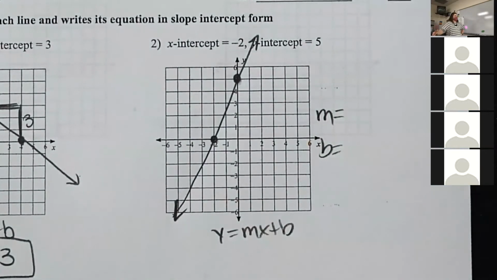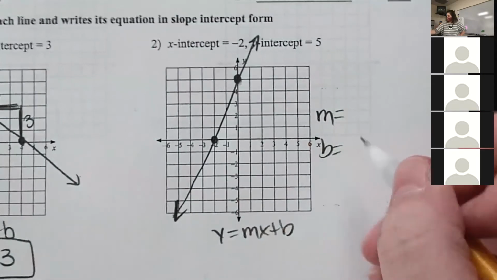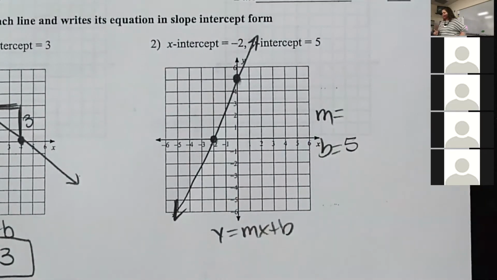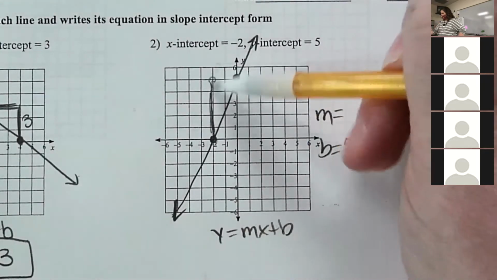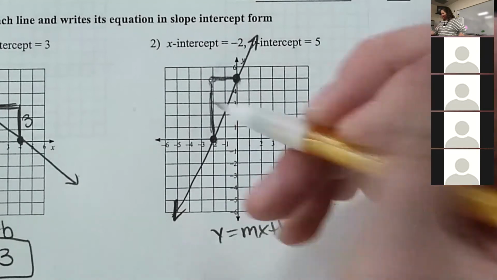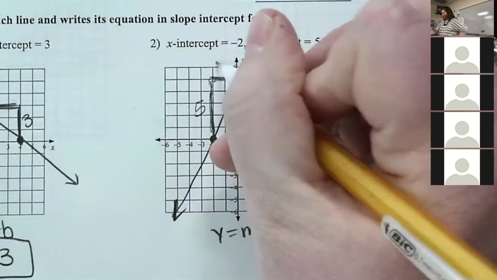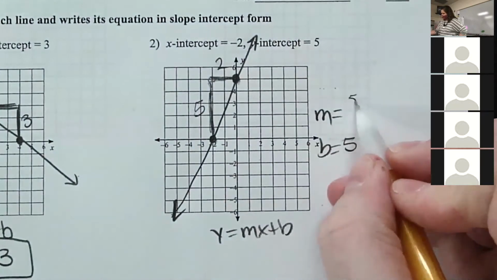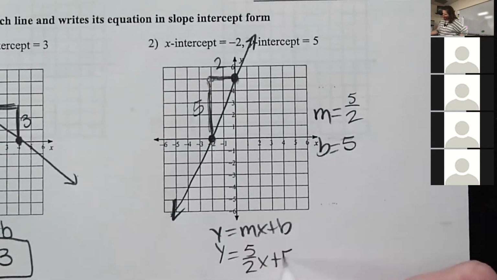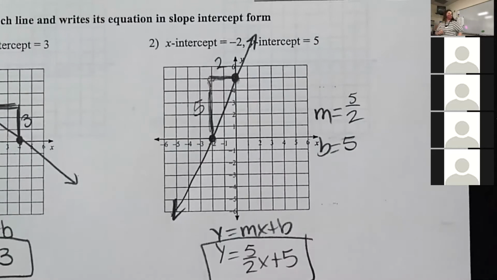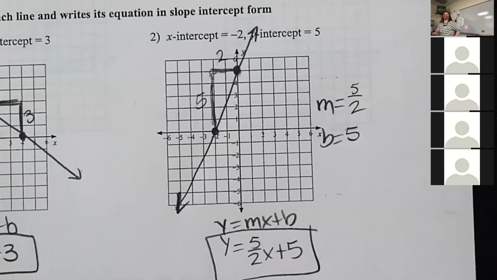Do I know b? 5. Can I figure out m? Yeah, rise over run. How many up? 5. Over how many? 2. Positive or negative? Positive. So y equals 5/2 x plus 5. Pretty darn easy, huh?